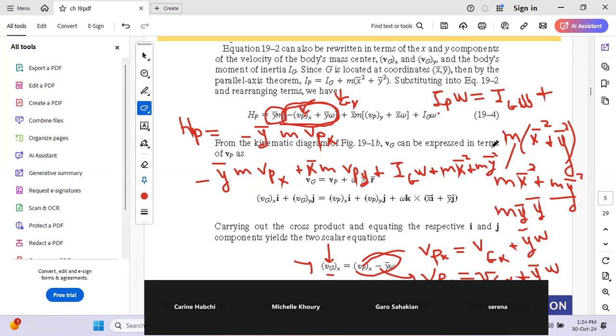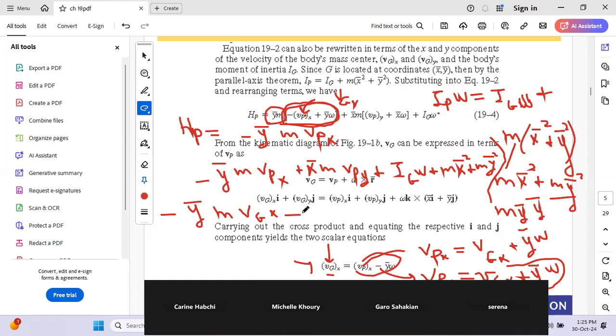Okay, so we can say, let us replace VPX, for example, by its expression and VPY by its expression. If you replace VPX by its expression, you will have, instead of it, VGX plus y bar omega. So you will get minus y bar m times VGX. Now you have minus y bar m times y bar omega.